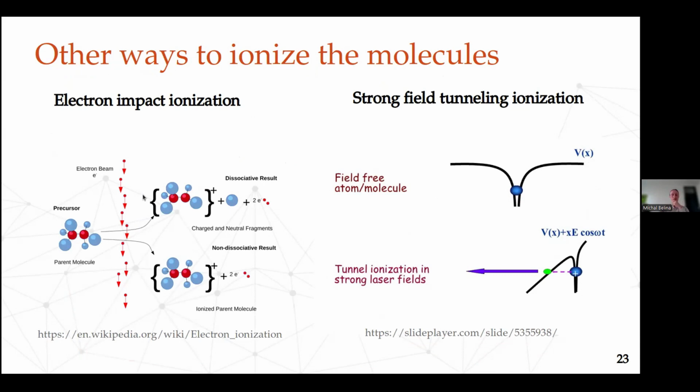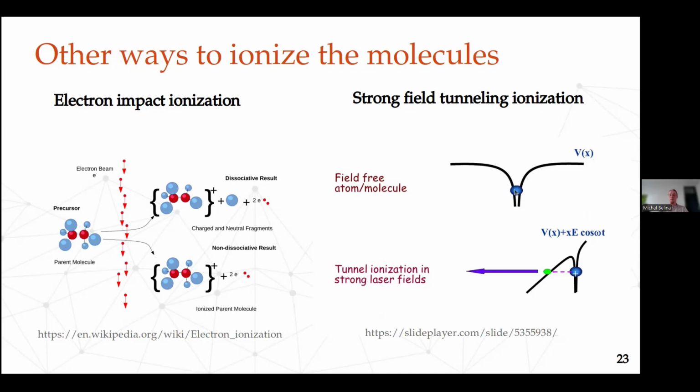In this study, we used two different methods to ionize this water cluster. The first of them is electron impact ionization, where you create a beam of electrons collided with a beam of some molecules, and by the collision you remove one or more electrons, and then you can observe something happening. Or you can cause ionization via strong field tunneling ionization, as depicted here.